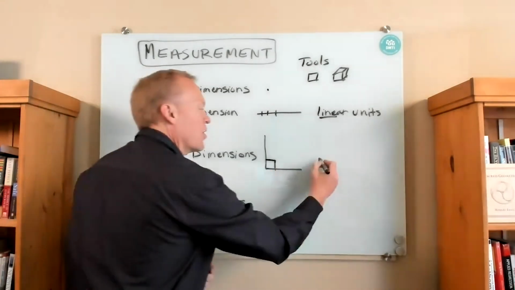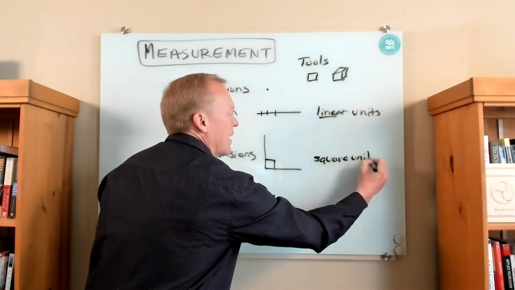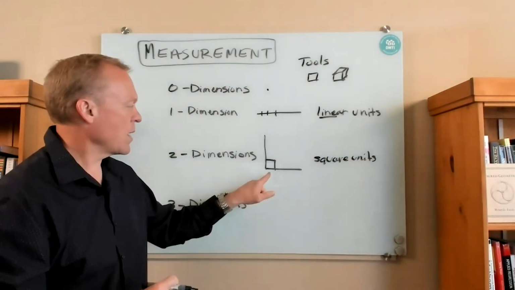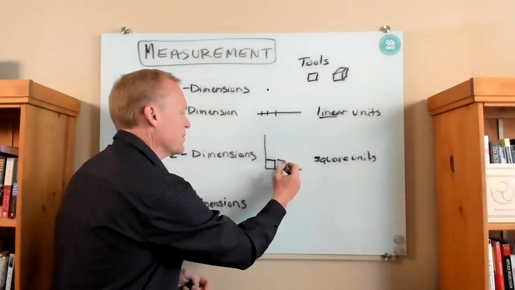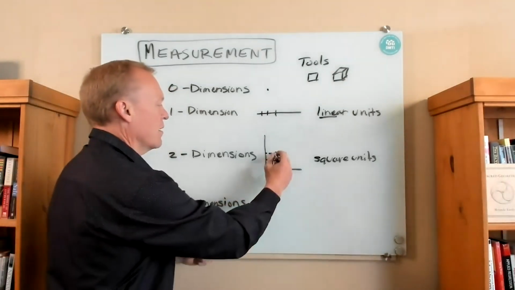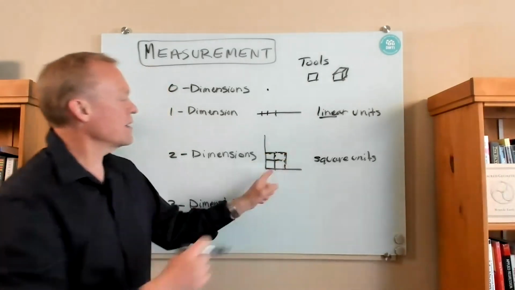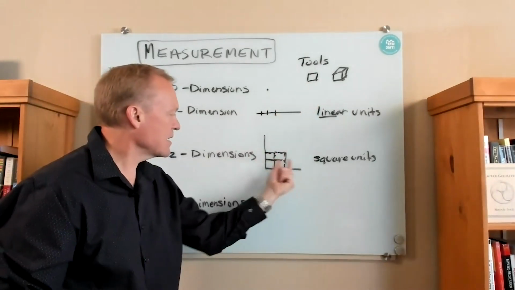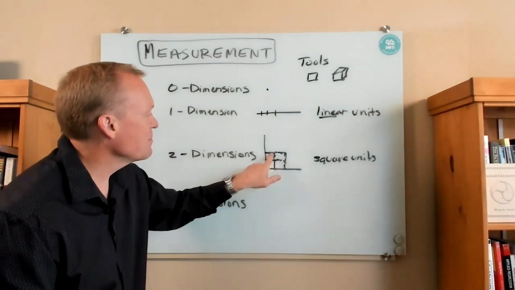So we have what are called square units, whether square inches, square centimeters, whatever we have. And the appropriate tool to measure different square areas is this tile, because we can see that tile covering that space.